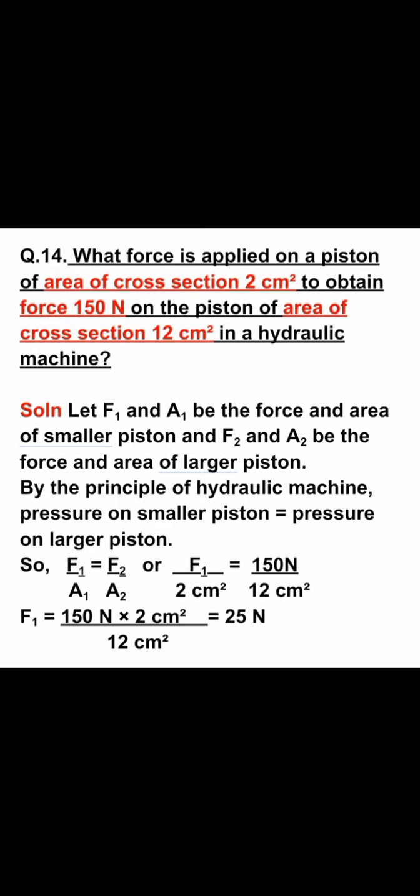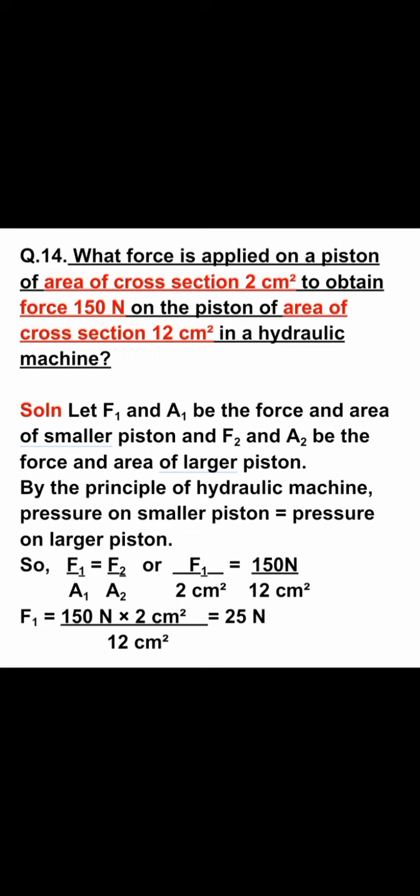So the solution is, let F1 and A1 be the force and area of the smaller piston, and F2 and A2 be the force and area of the larger piston. By the principle of hydraulic machine, pressure on the smaller piston equals pressure on the larger piston.